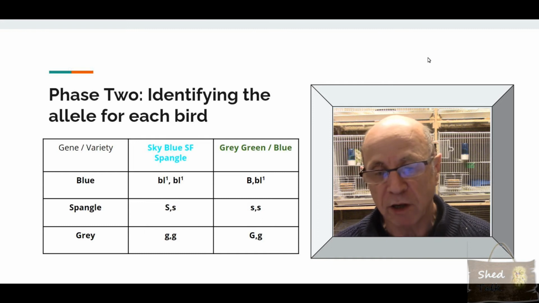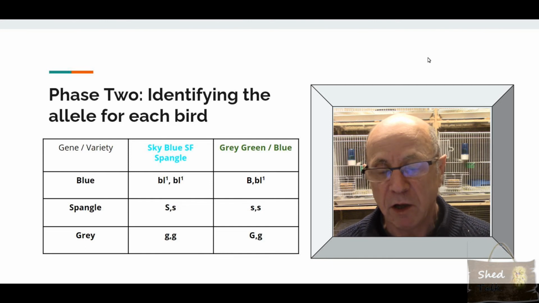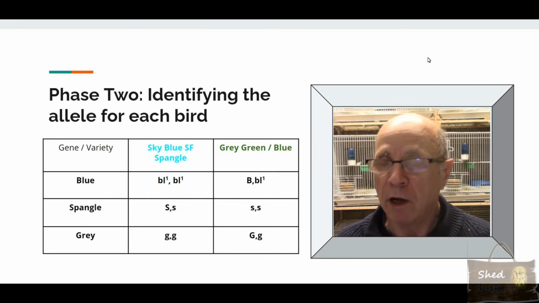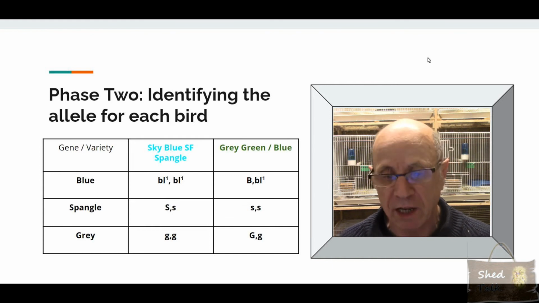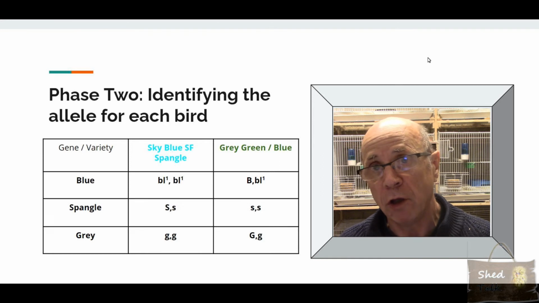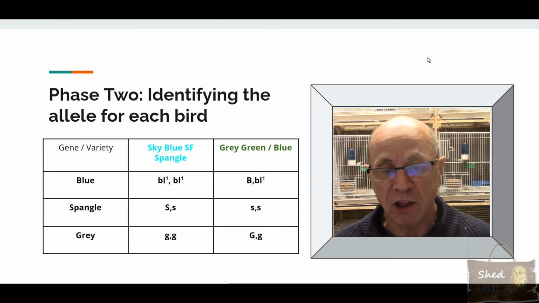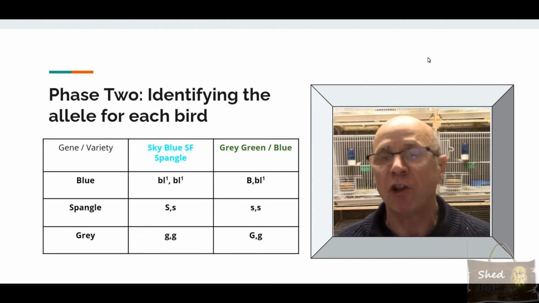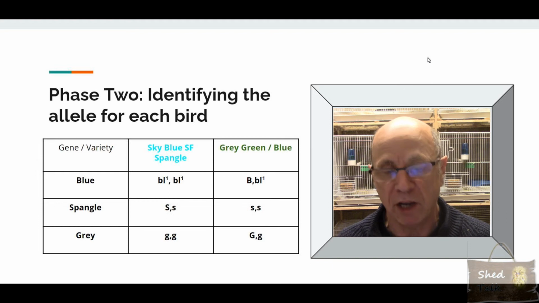As I said, we know it contains one of the mutated recessive blue allele, none of the mutated spangle allele, so it contains two of the wild type spangle allele, and it contains one of the mutated dominant grey allele. So that's phase 2, is just putting those into a nice little table so I have a clear understanding of what it is I'm looking at.